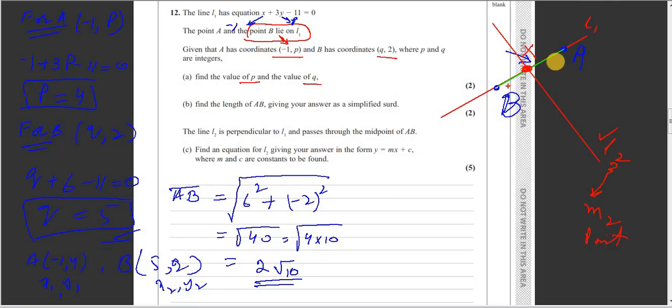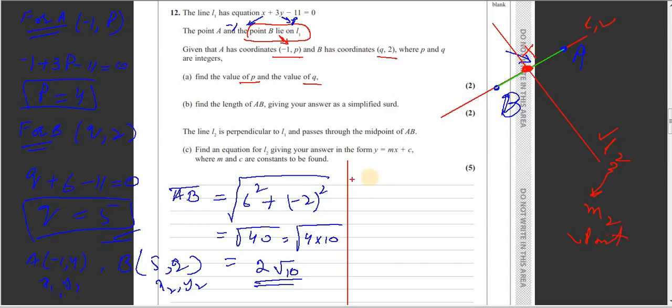So we can use the midpoint formula to figure out the coordinate of this point, which is also lying on L2. This is the point that we can get, and the gradient we can find from the gradient of L1 because its equation is given. So now let's just see. First we figure out the point X.